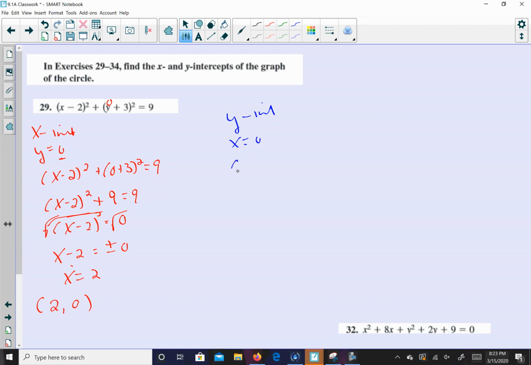So here we go. I'm going to put 0 minus 2, that quantity squared, plus y plus 3 squared is equal to 9. This will just end up being negative 2 squared.